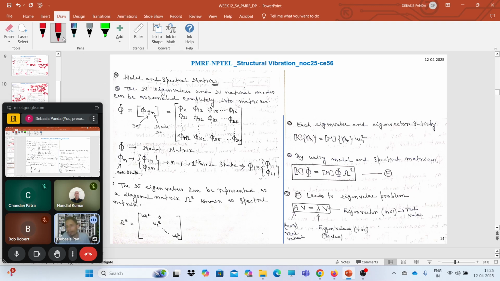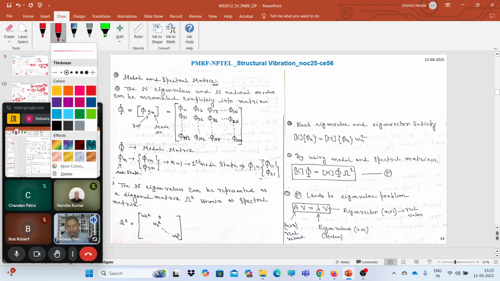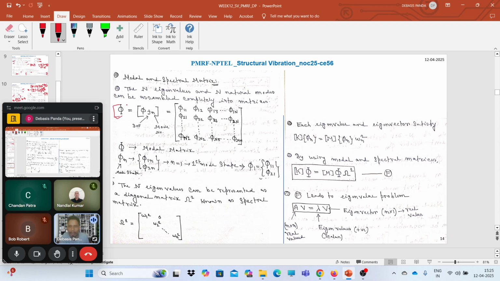And for the modal representation, when we form the total mode shape matrix, just recall how we form it. That phi is the modal matrix. That means it contains all the mode shape information related to that structure, right? The layout of this phi matrix is generally made like this: phi j n, where j denotes the number of DOF and n is the mode number.